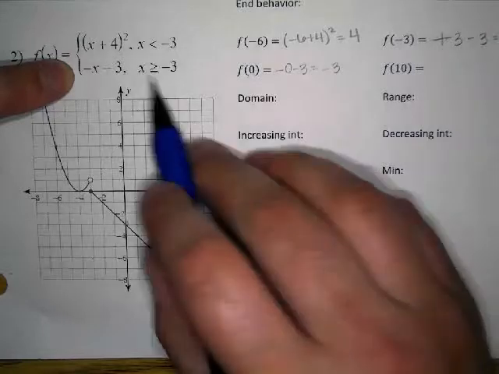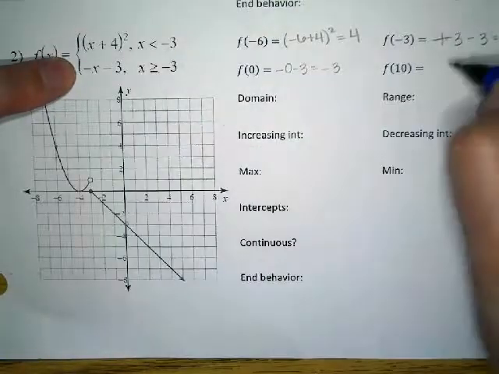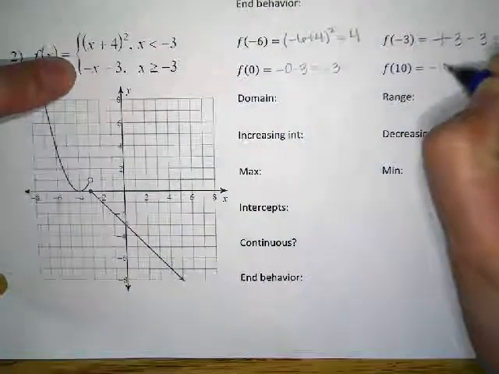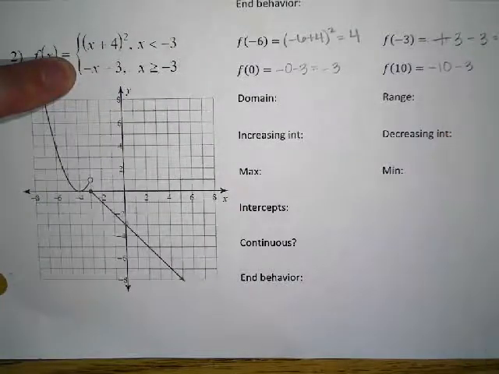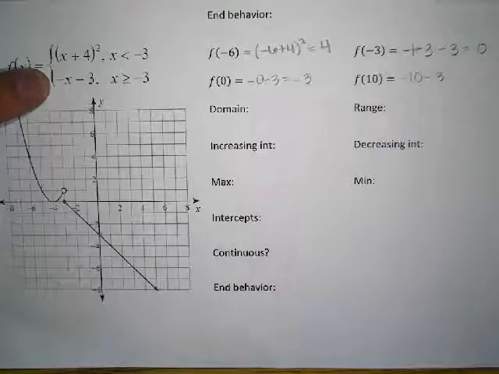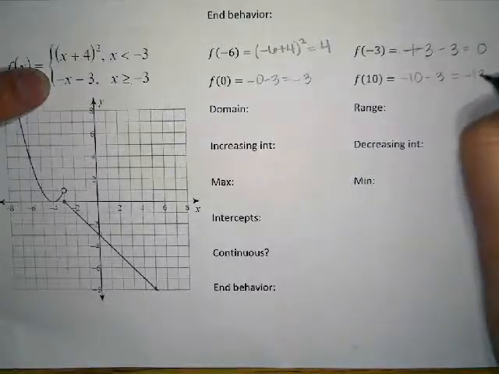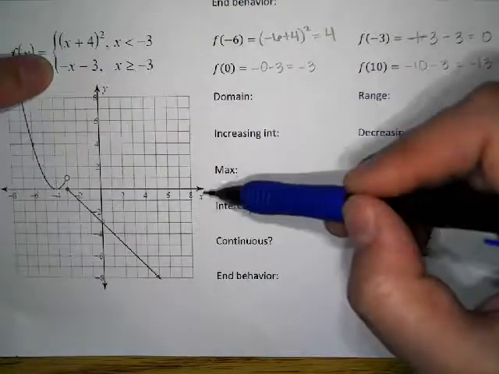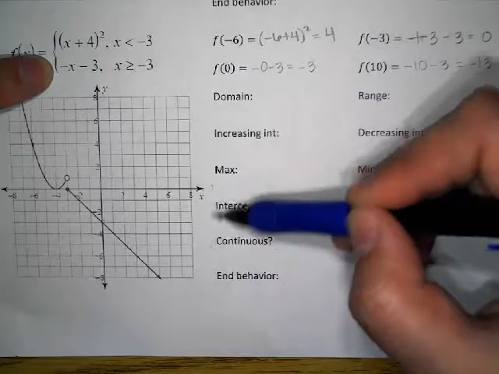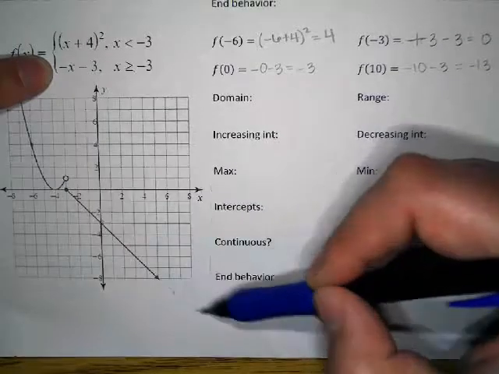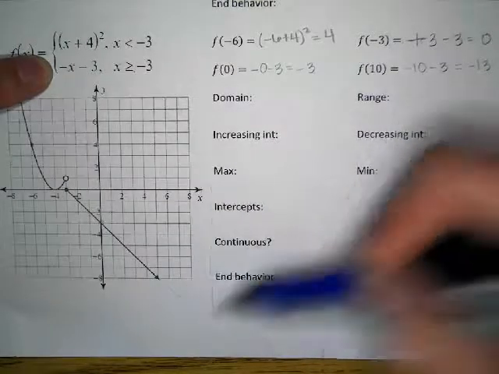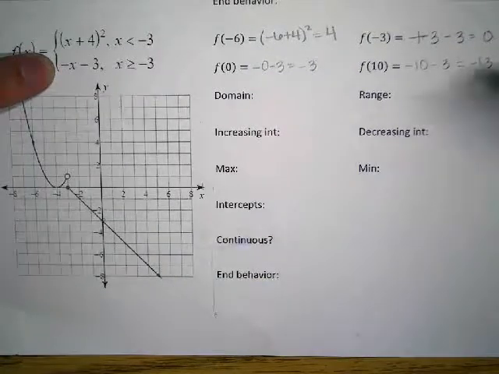The bottom one, 10 is greater than a negative number. So we're going to do the negative version of 10 minus 3. And what do we get? -13. It's not on the graph, but if we went all the way over to 10 and went down, it would eventually kind of fit. Would it be -13? That makes sense. Those are all logical answers.